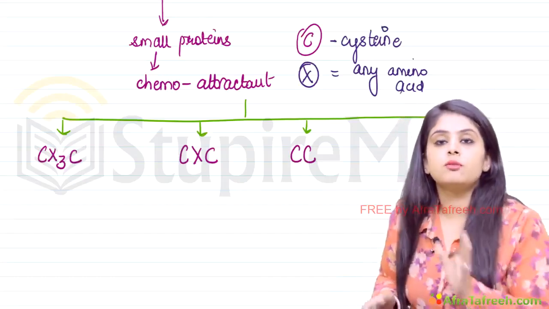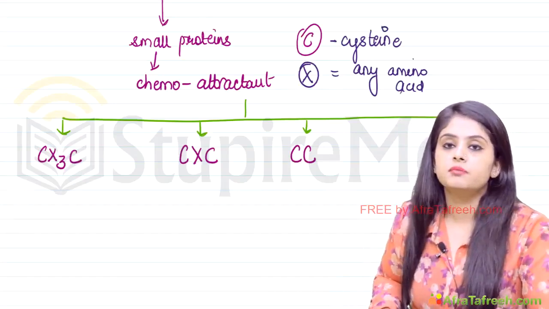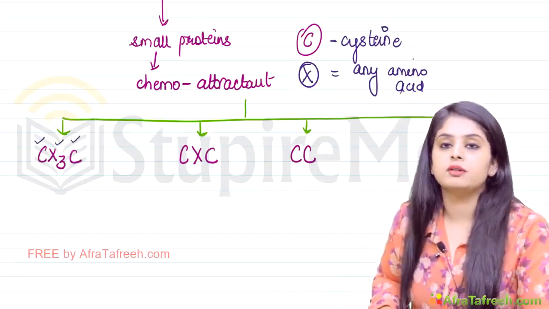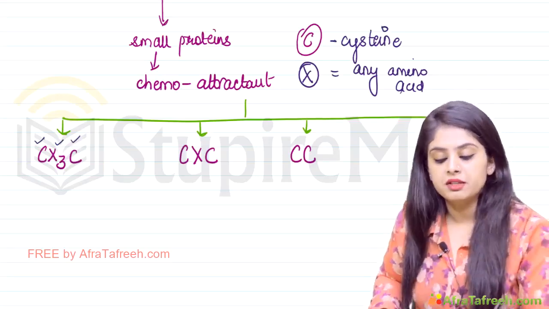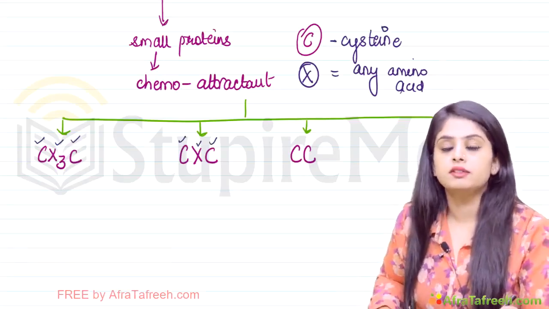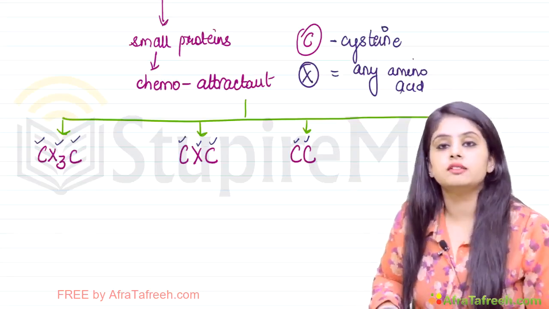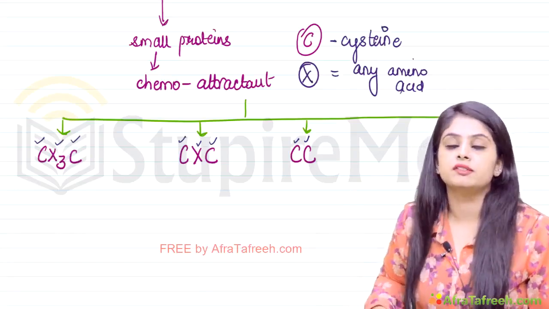So this is the full form of C and X. So the first category was CX3C, means it has 2 cysteine residues and 3 amino acids. Next, keep on reducing the X molecules. CXC has 2 cysteine, 1 amino acid. CC has just 2 cysteine, no amino acid. And C just has a single cysteine and no amino acid.